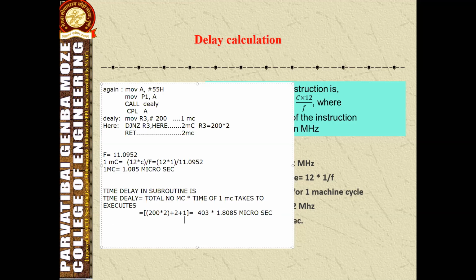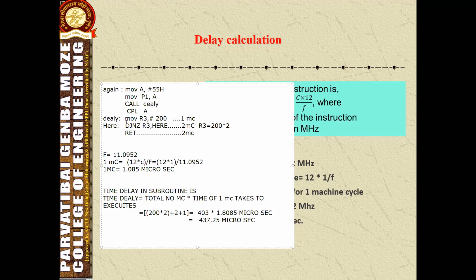This subroutine execution takes 403 machine cycles. So what total time is required? 437.25 microseconds.